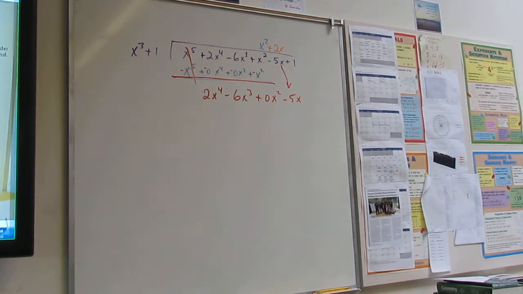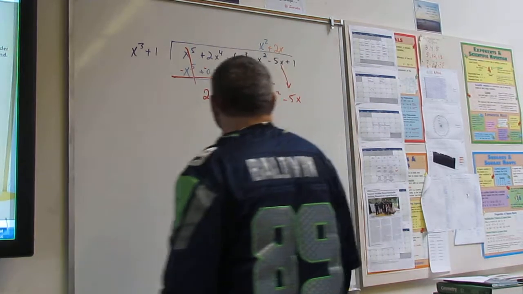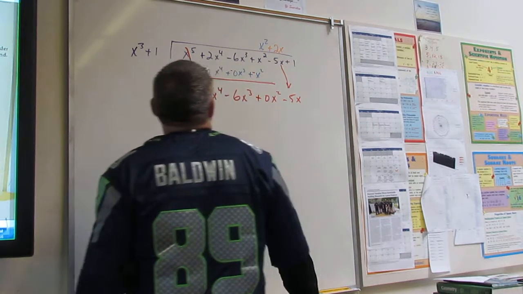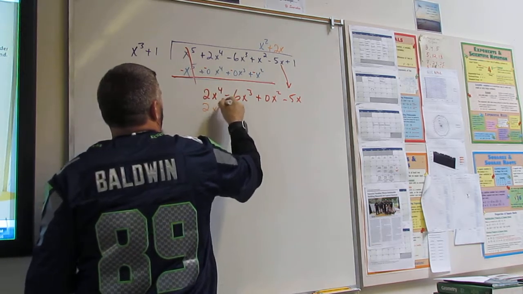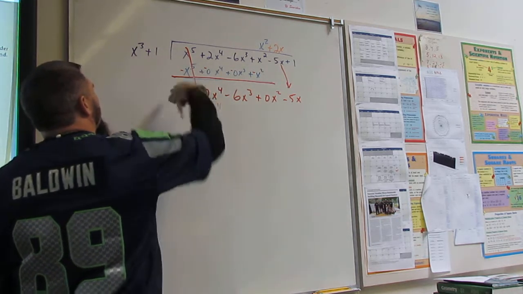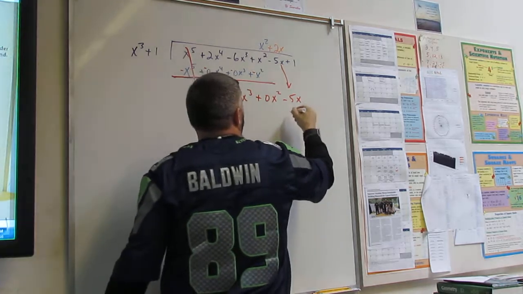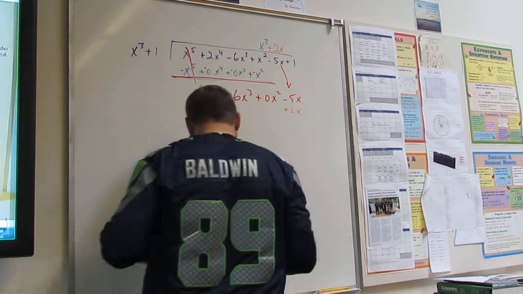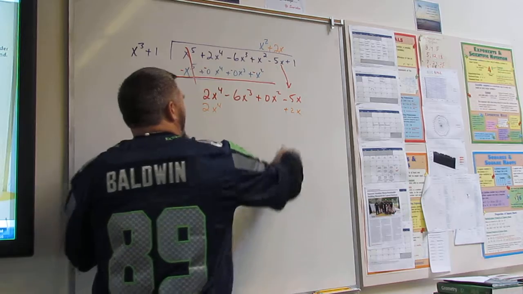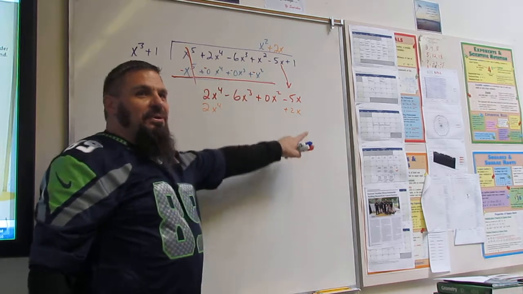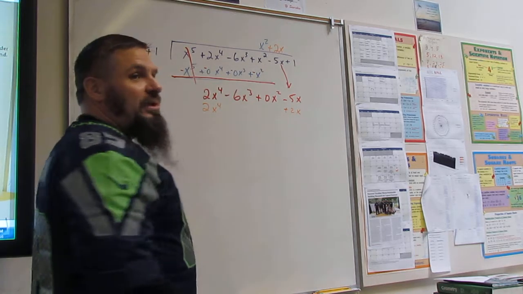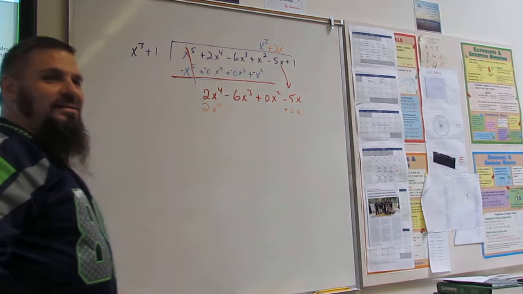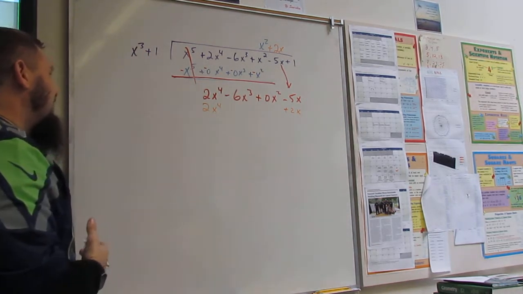So plus 2x times x cubed gives me 2x to the fourth, right? Plus 2x times 1 gives me what? 2x. Plus 2x. See how I put it way over there? I keep putting it in the front.